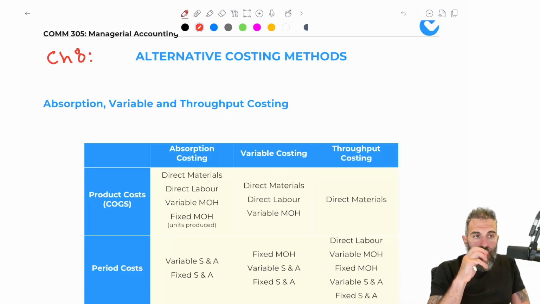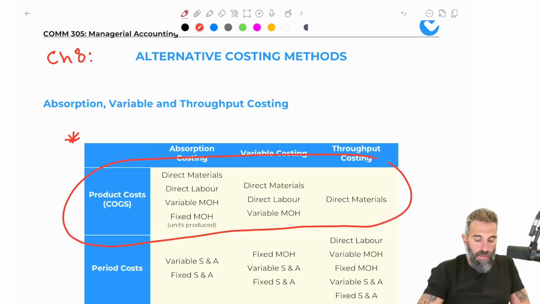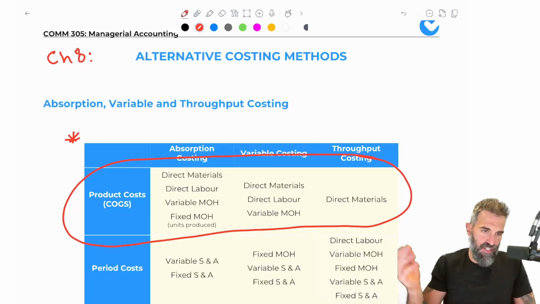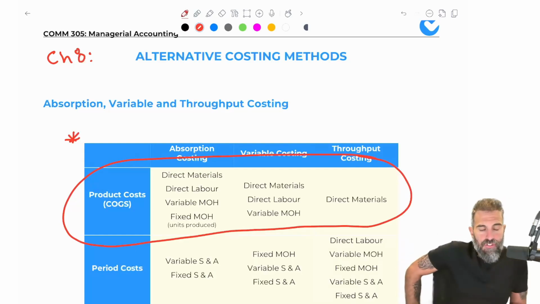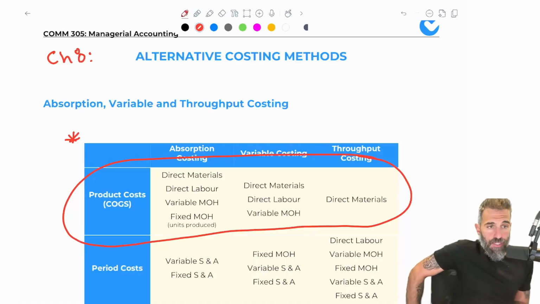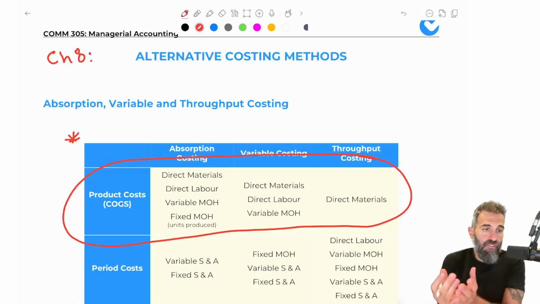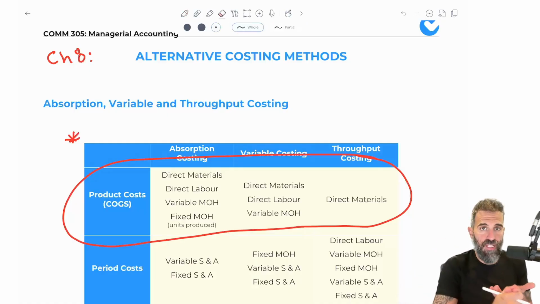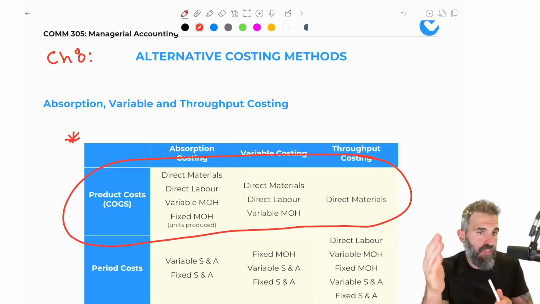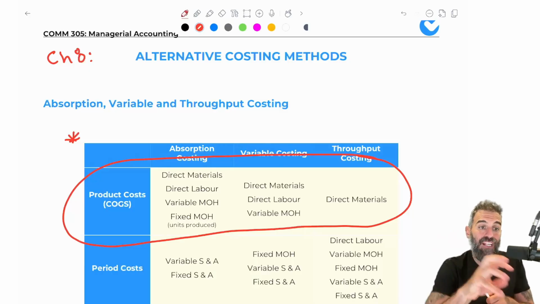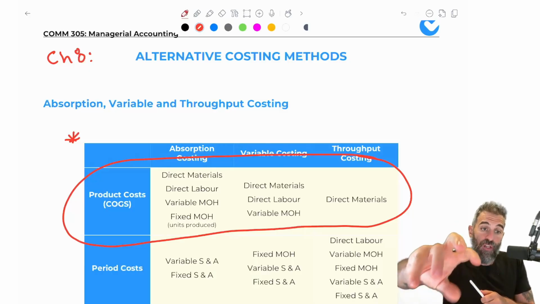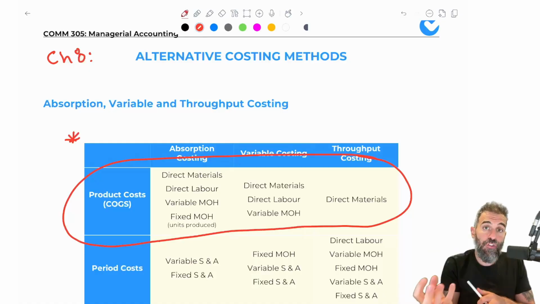So the first thing you want to memorize is the first row of this table. By memorizing the first row, you'll automatically know the second row. So really focus on this. Under absorption costing, the cost of your inventory includes DM, DL, and both overheads, variable and fixed. When you move into variable costing, we exclude fixed overhead. Fixed manufacturing overhead becomes a period cost, and the cost of your inventory, your product cost, only includes the DM, DL, and VMOH.